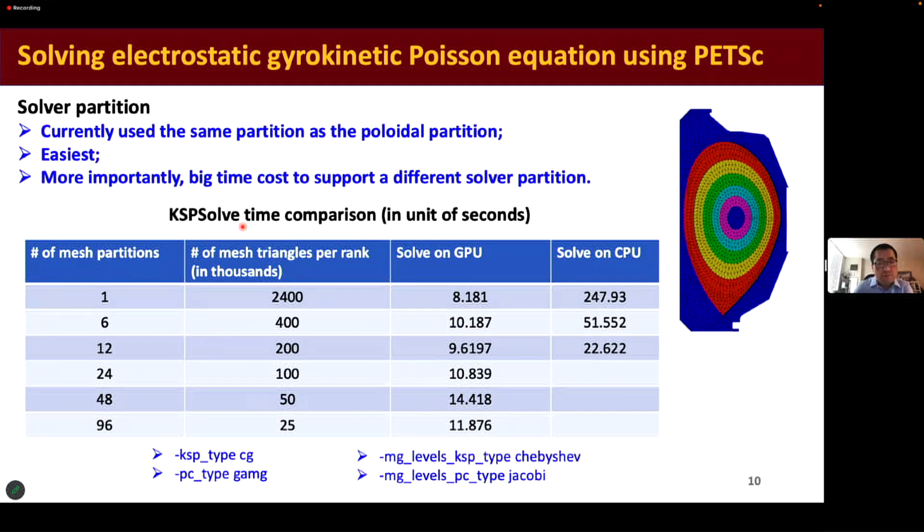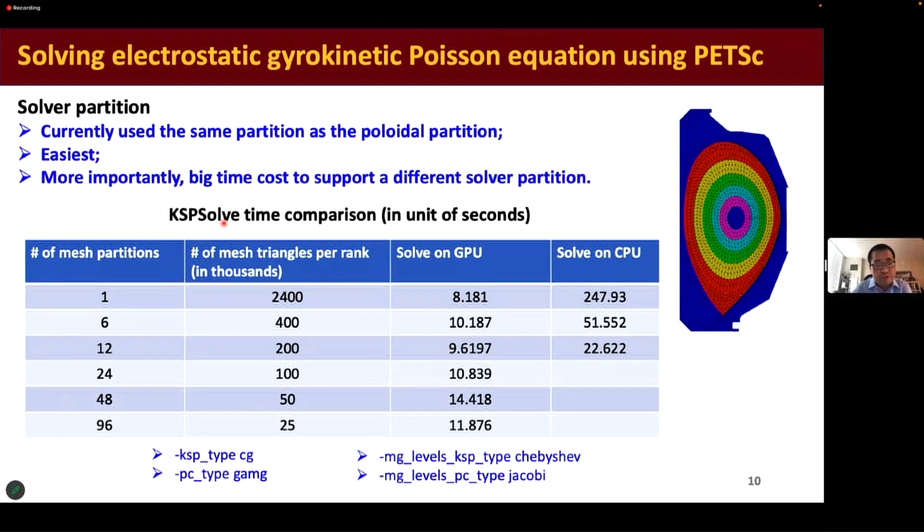Okay, so this is just in isolation. This isn't part of a larger full simulation. Right, yes. This is a particle-in-cell simulation, but in the simulation itself, I only compare the KSP solve time cost. We were also wondering why there's no change in the GPU solve time.